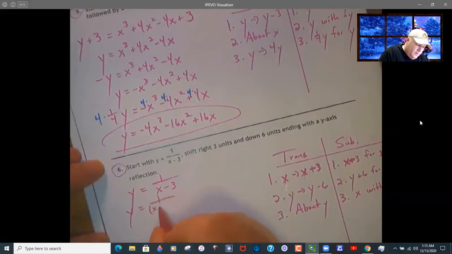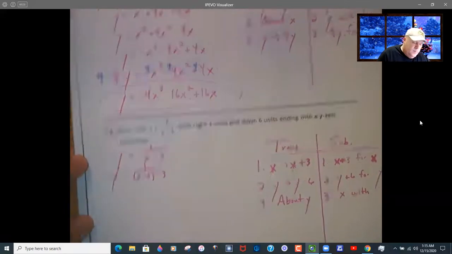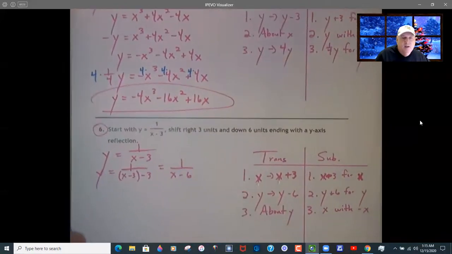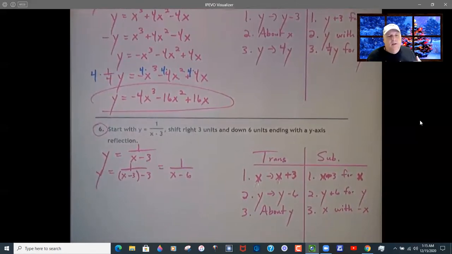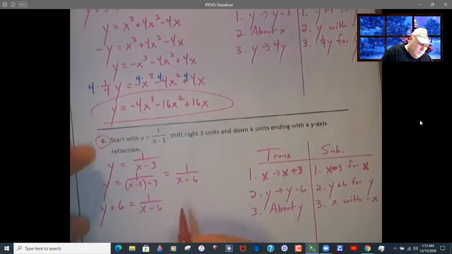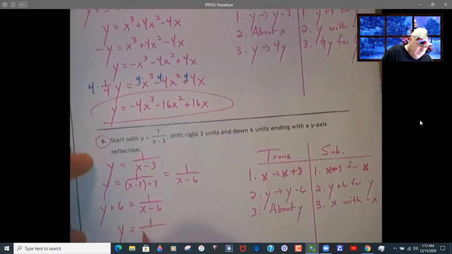That means that we have this, meaning that it's really 1 over x minus 6. So the simplifying, remember that anytime you replace for x, you simplify appropriately. So y plus 6 in for y, and then solve for y.